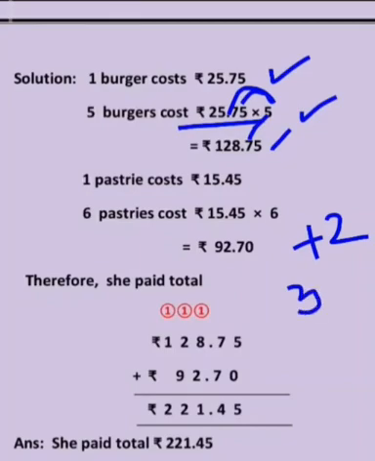Now 5 again multiplied by 5. 5 fives are 25 plus 3 is 28. 8 carry 2. Last, 5 twos are 10. 10 plus 2 is 12. Okay, so our multiplication is over.